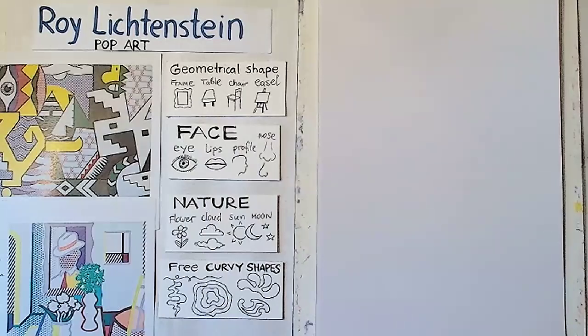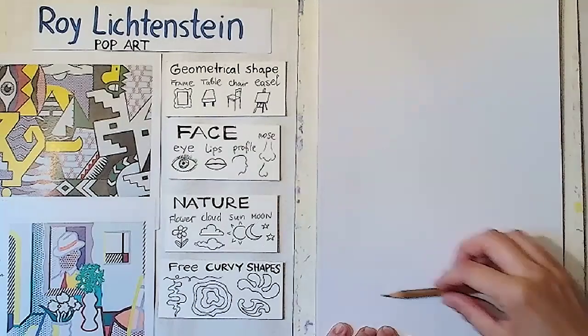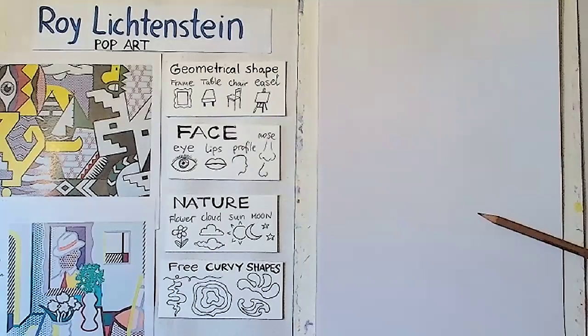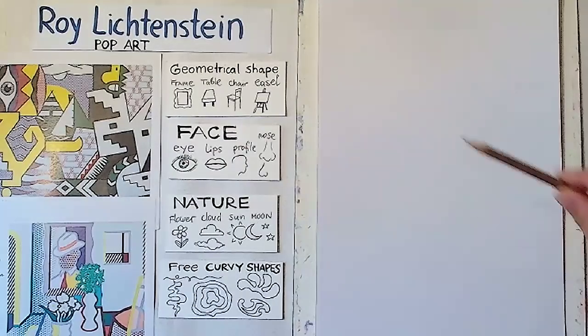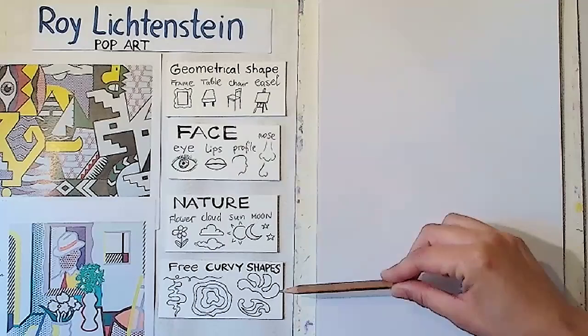You can take one, you can take two objects. So really up to you. Also, anything else that comes into your mind can apply. And we just place it somewhere on our paper.